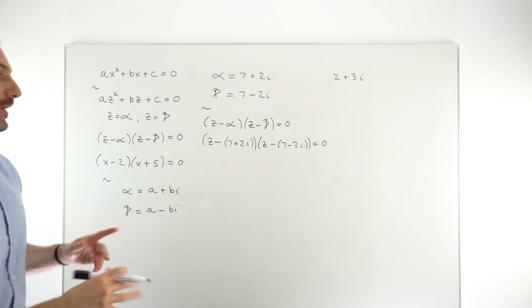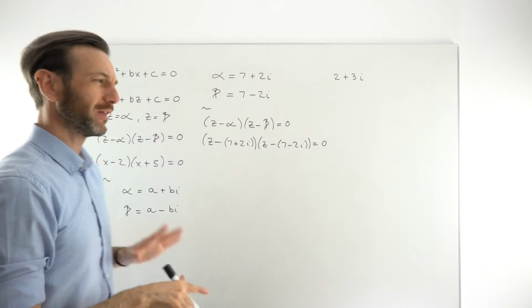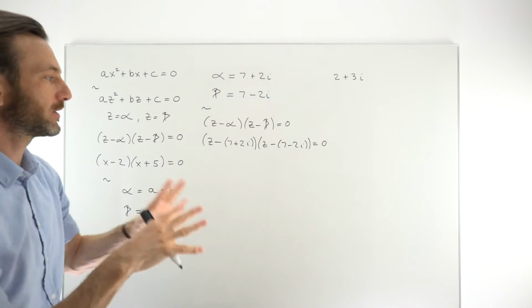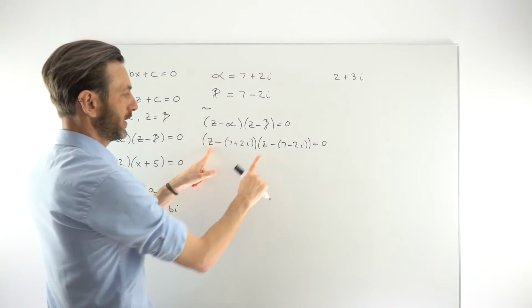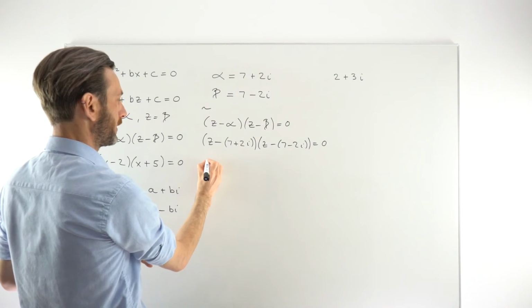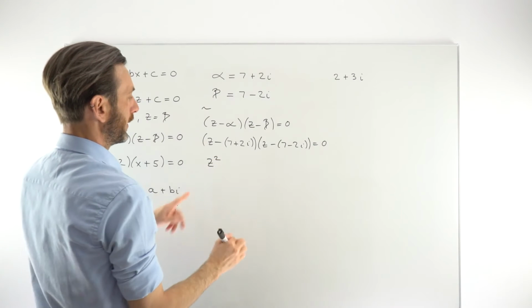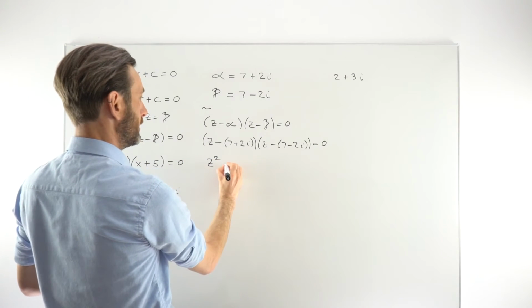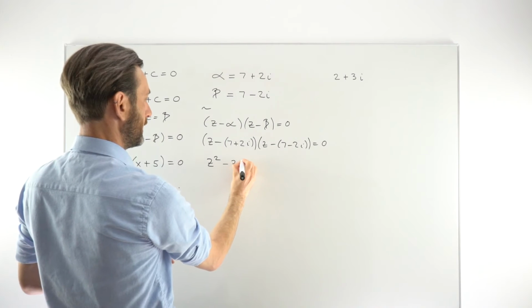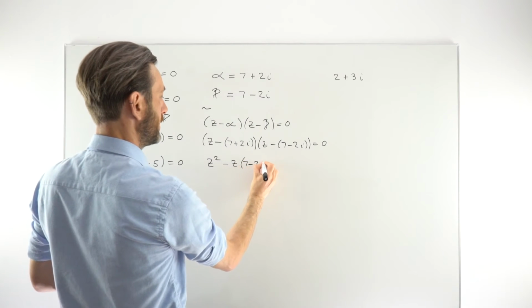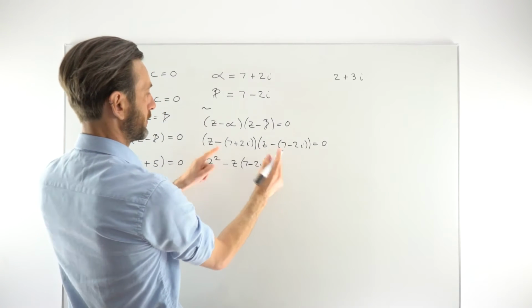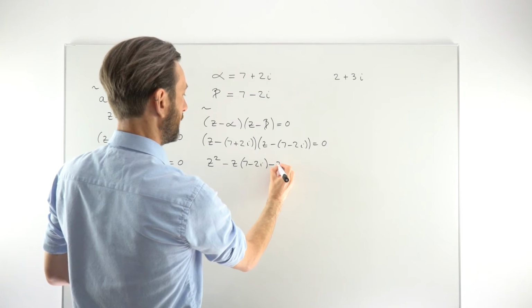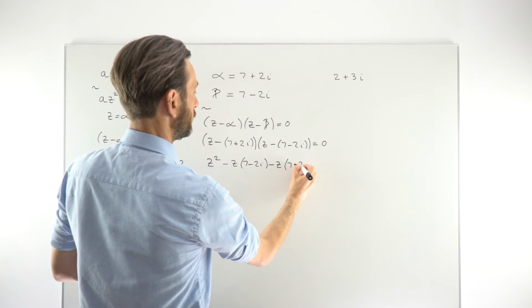So what we want to do now is expand out these brackets. It's a little messy, but it neatens up fairly quickly. So we're going to do z times z, to give us a z squared. And then we're going to do z times this bracket here. So that is going to be minus z times (7 minus 2i). Then we're going to do this guy times this guy, which will be minus z(7 plus 2i).